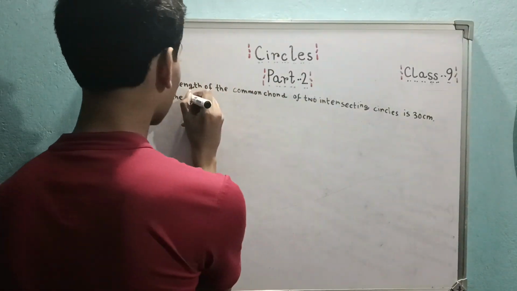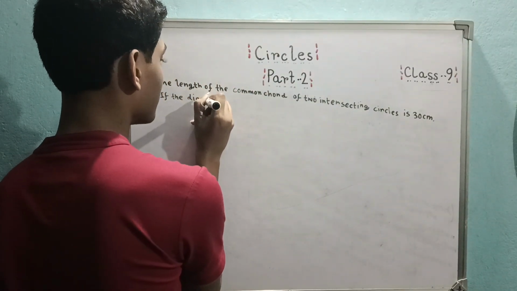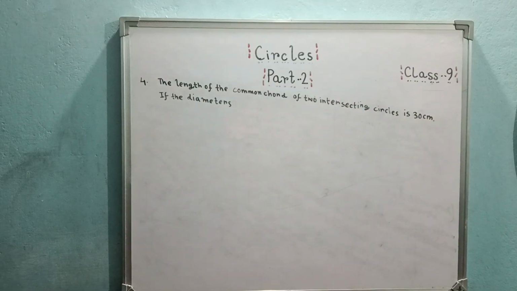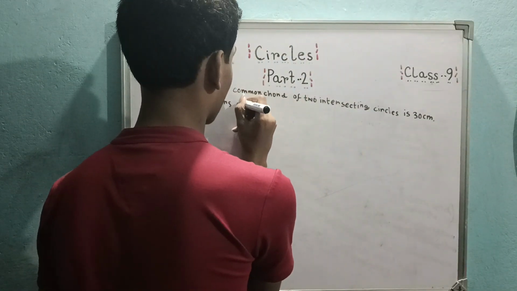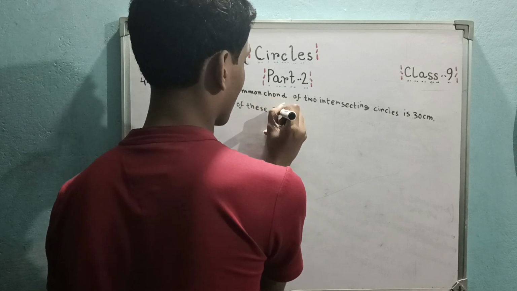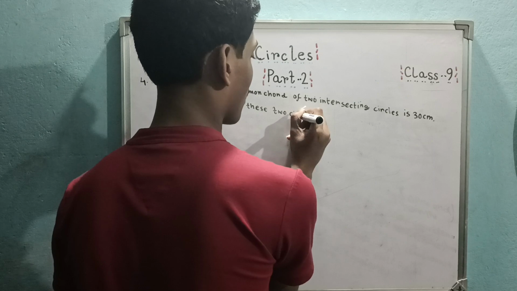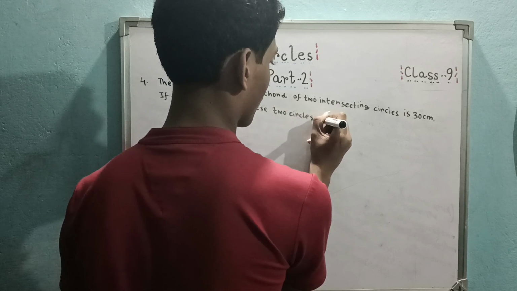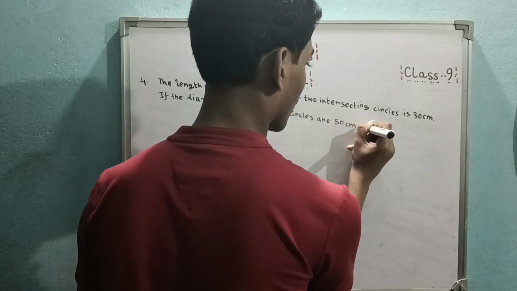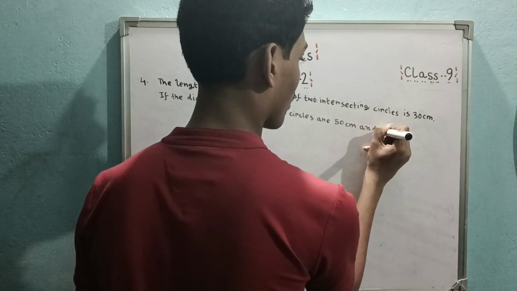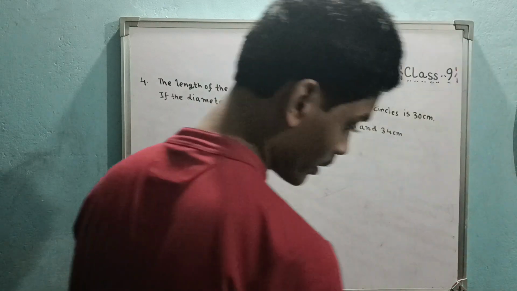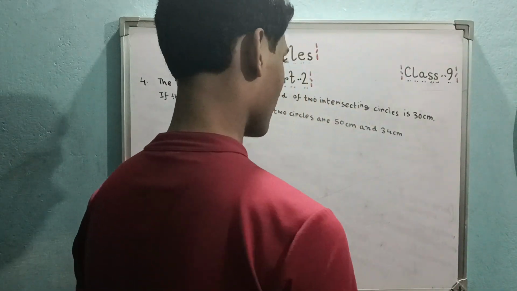If the diameters of these two circles are 50 centimeter and 34 centimeter, calculate the distance between the two centers.